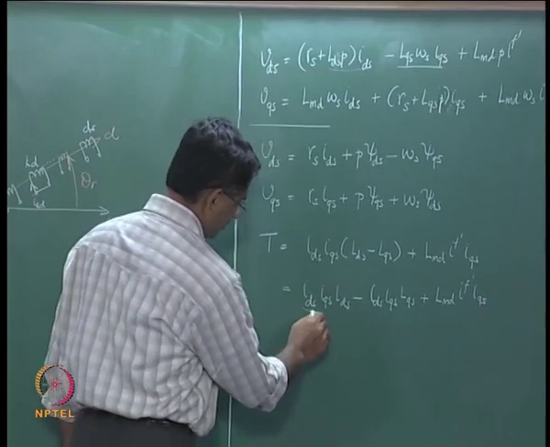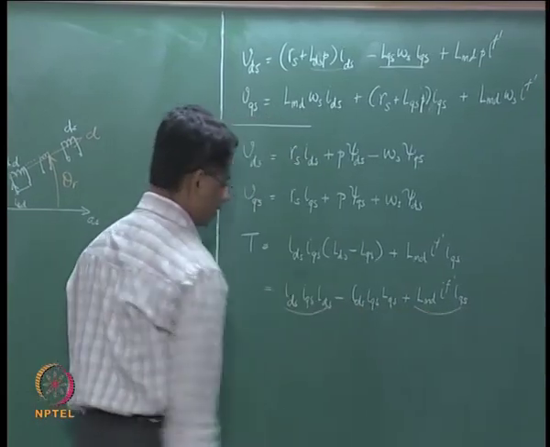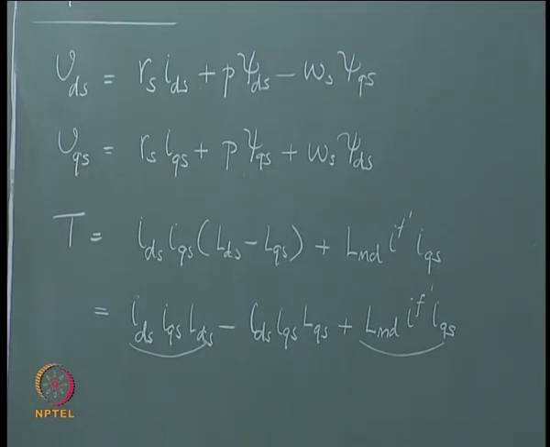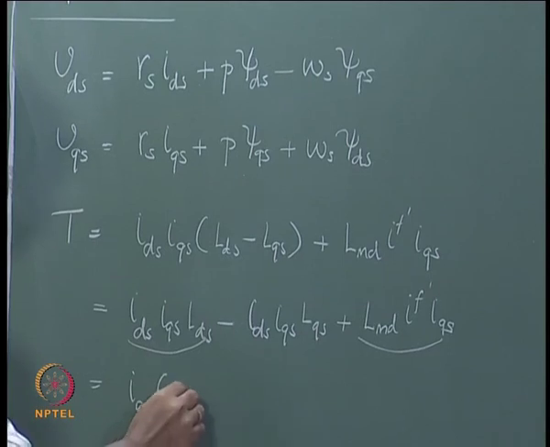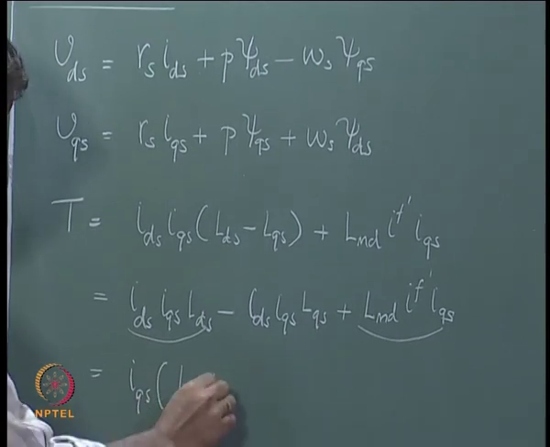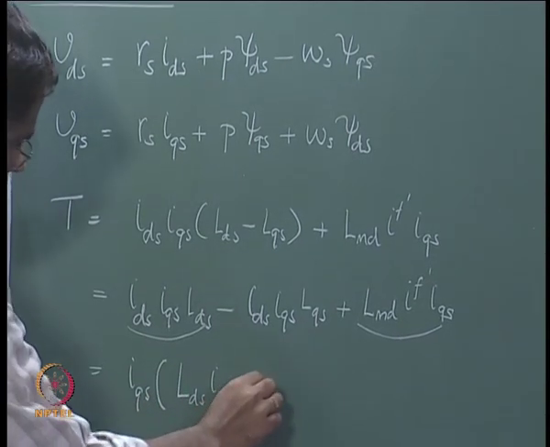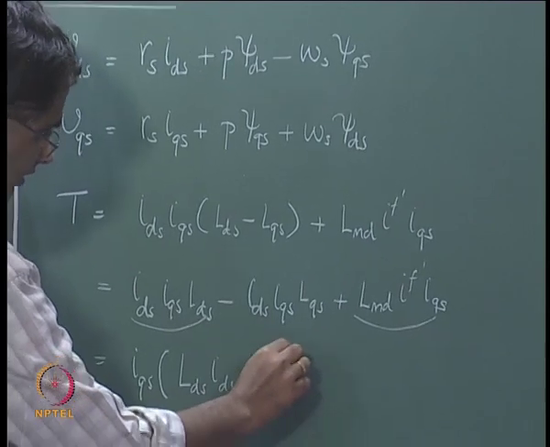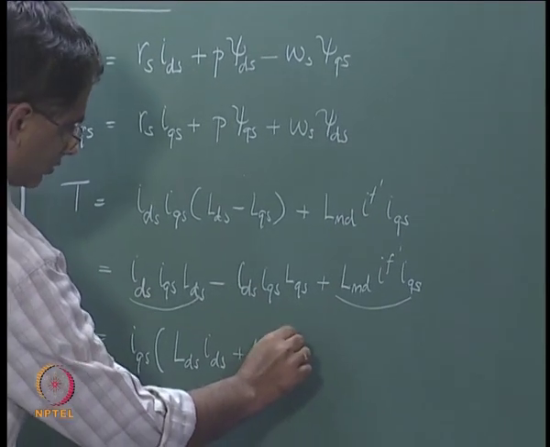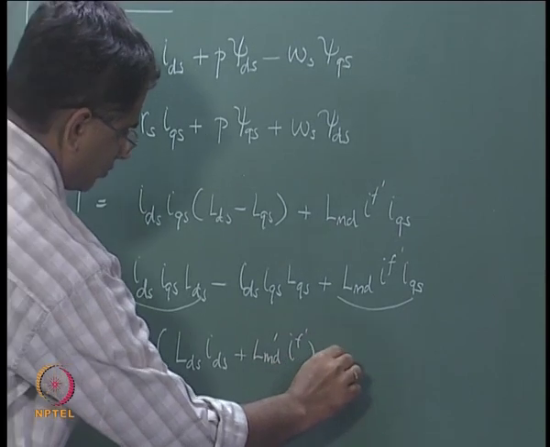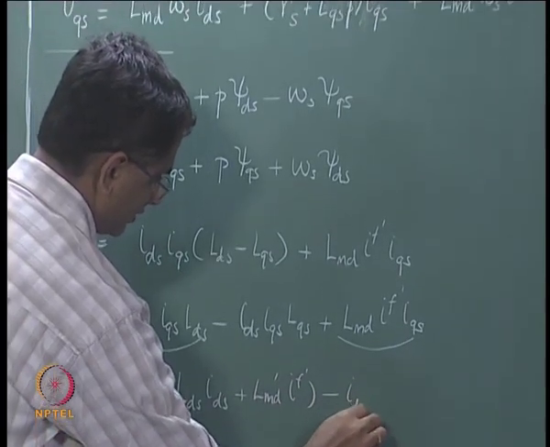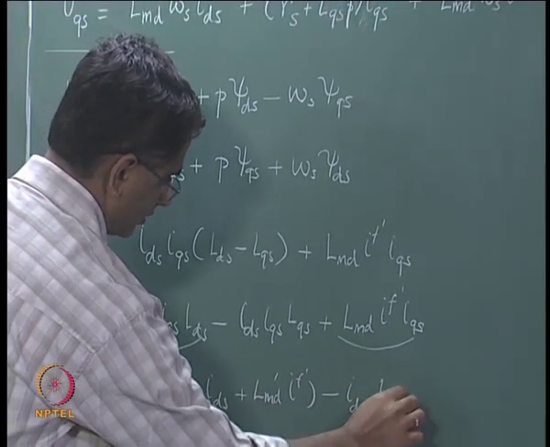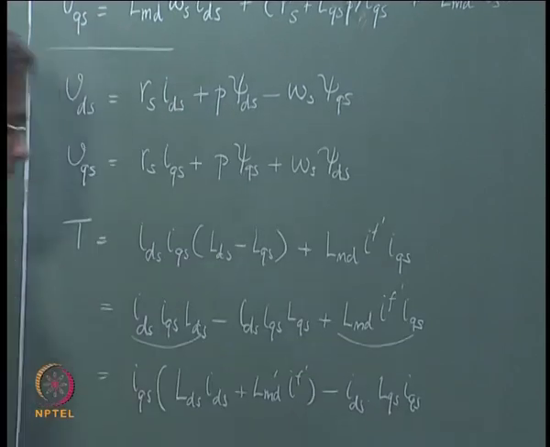Now, these two terms together, one can combine this, and you see that that can be written as IQS multiplied by LDS into IDS plus LMD into IF dash minus IDS into LQS IQS.